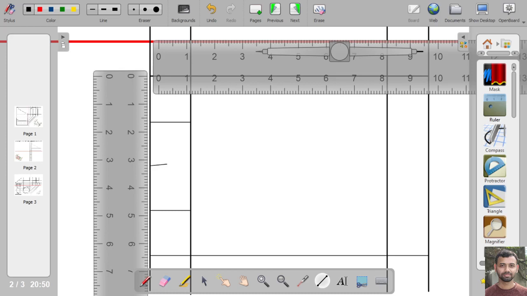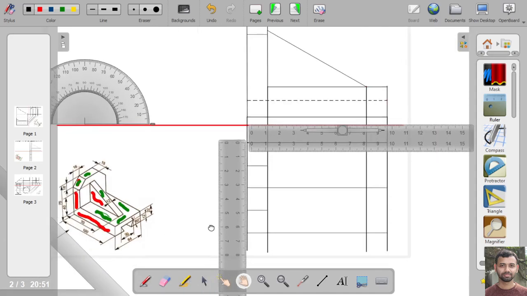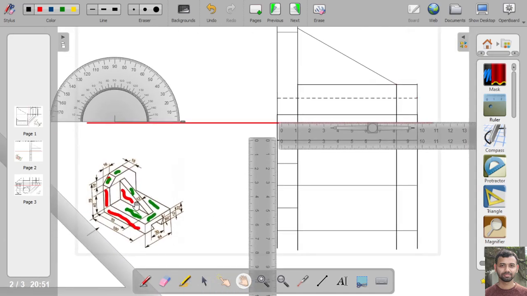Okay, so let this be the midpoint, the middle portion. So as it is the middle portion, now we can draw this 12 mm slant edge.